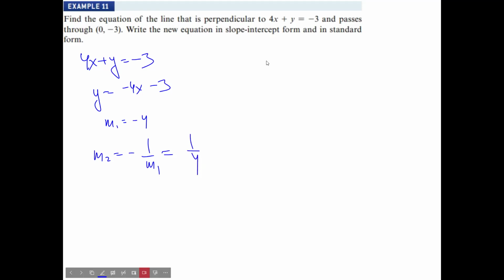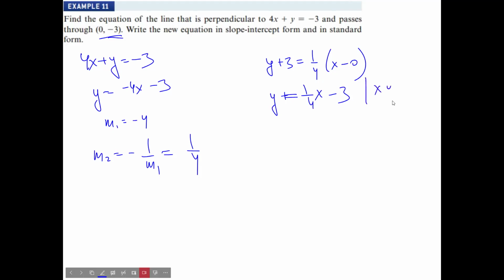Now, y plus 3 equals 1 over 4 x minus 0. What I do, I use that point, right? So y equals 1 over 4 x minus 3. That is the slope form.